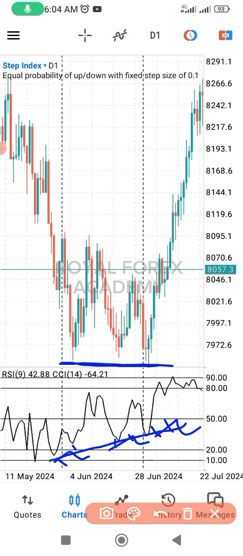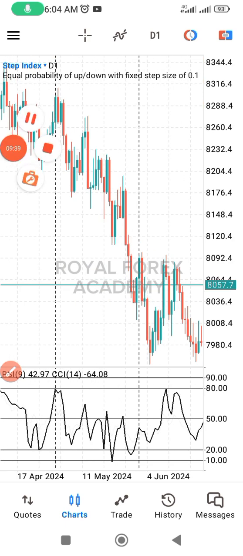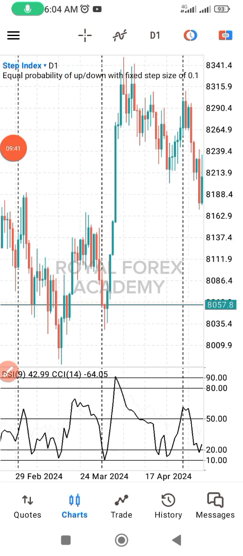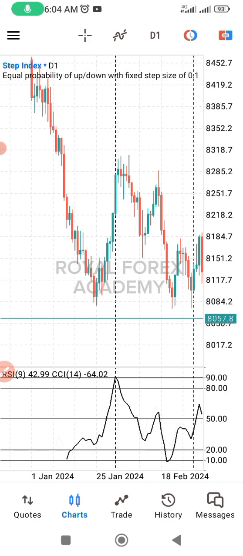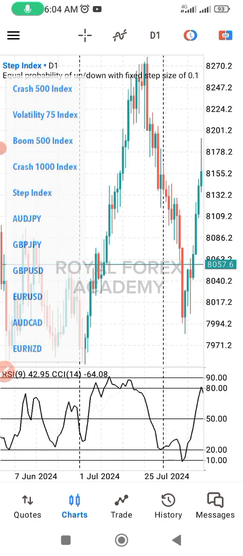So this is how you can identify divergence, and you can see that disagreement between the chart and our indicator window. And once that is spotted, this is a change in market or price direction.